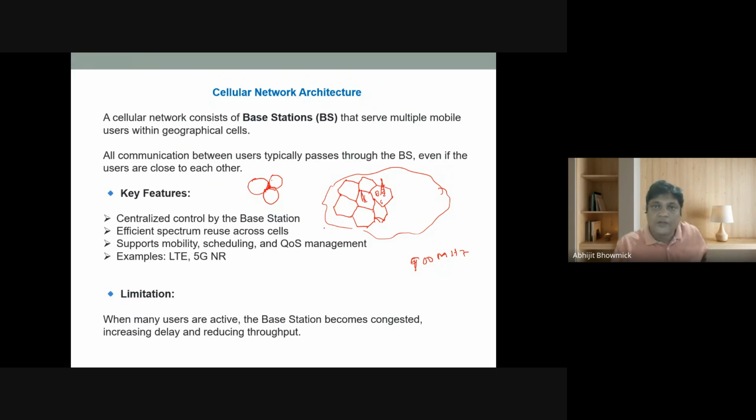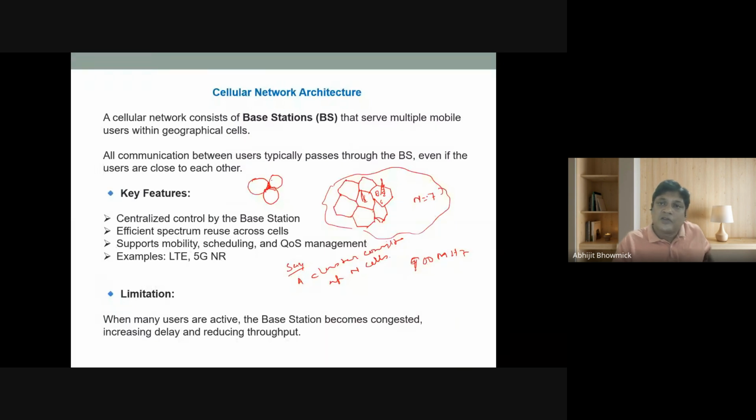To say it more clearly, a cluster consists of n cells. Like this, say here it is a 1 2 3 4 5 6 7 cell cluster. Here it is a 7 cell cluster.